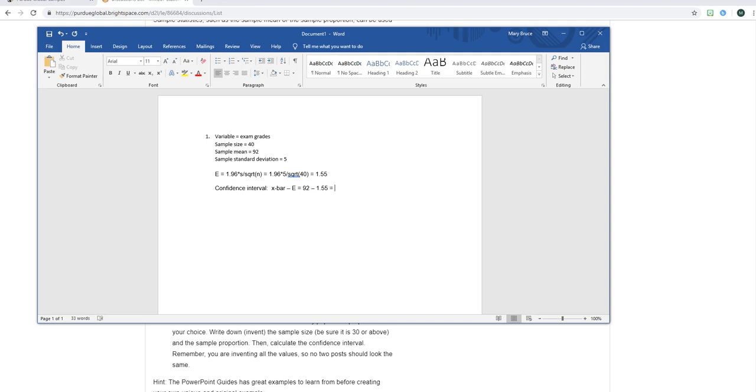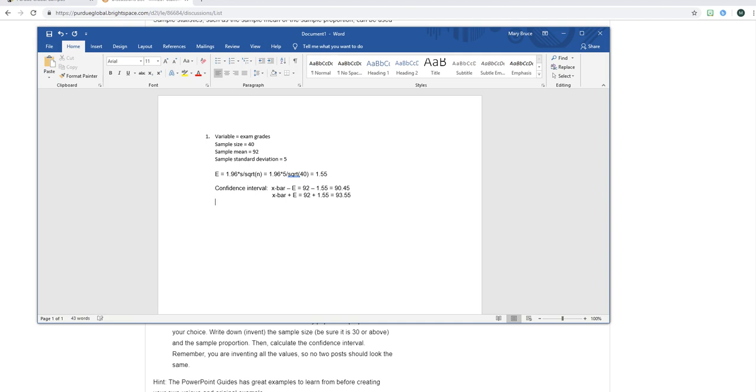And if I put that in a calculator, I would get 90.45. I'm then going to do the upper bound as well and take X bar plus the margin of error, which would be the 92 sample mean plus the 1.55. And I would get 93.55 there. And there's your confidence interval.